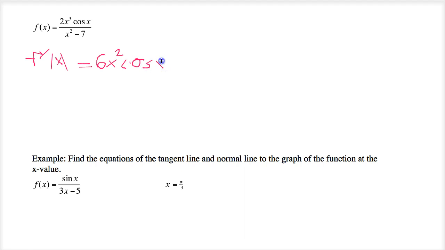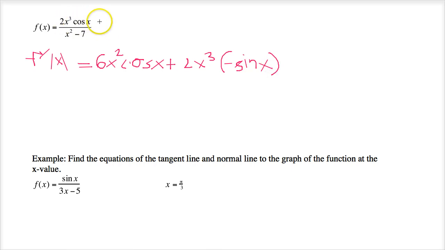I'll do plus, because this is product rule. Leave the first one alone, 2x to the third. And then the derivative of the second one, do you guys remember the derivative of cosine x? Yeah, negative sine x. So that's the product rule.